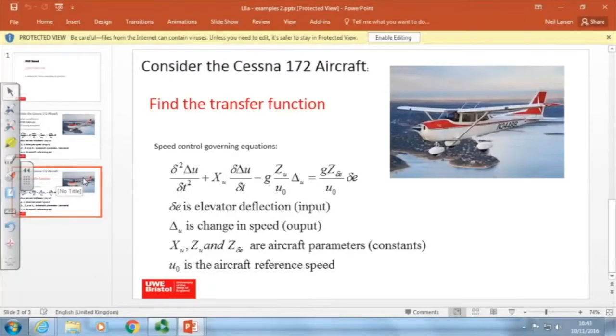Okay, which I haven't done for you. And see what you think. And then if you want to be really clever about it, using a standard 3-term controller configuration, build a controller to keep it on level flight at fixed speed.